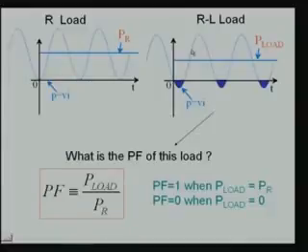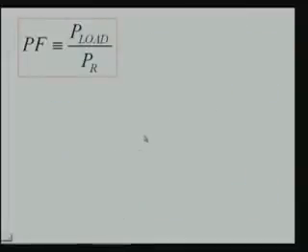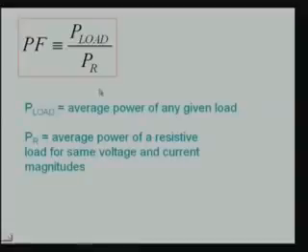And when is it 0? As we saw earlier, when it is purely inductive or purely capacitive, there is no average component in this case, and P load is 0, so PF will be equal to 0. So, once again we see that PF is defined as P load by PR, where P load is the average power of any given load.